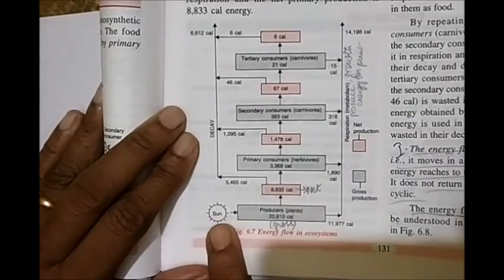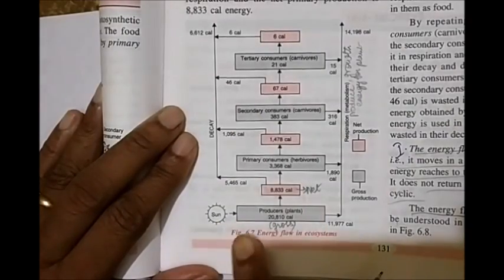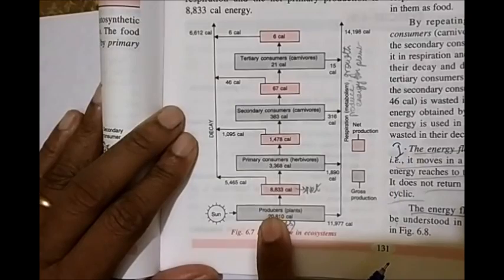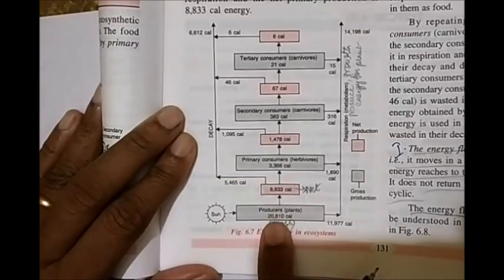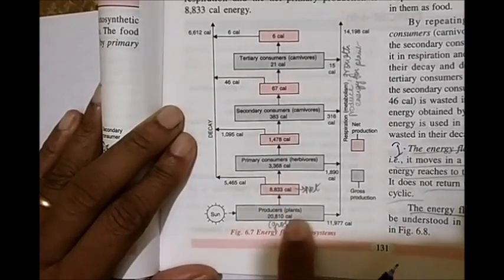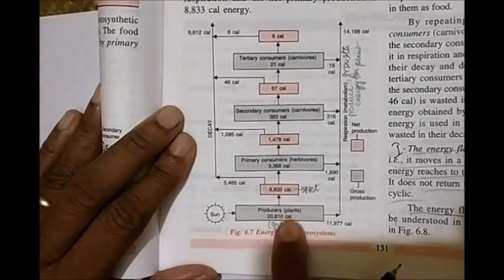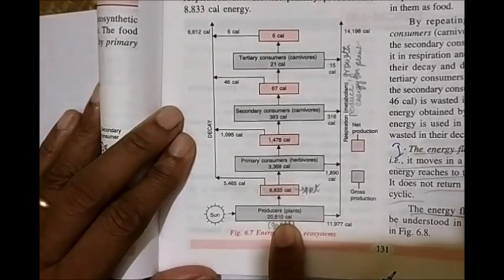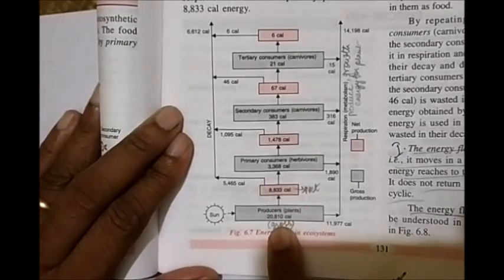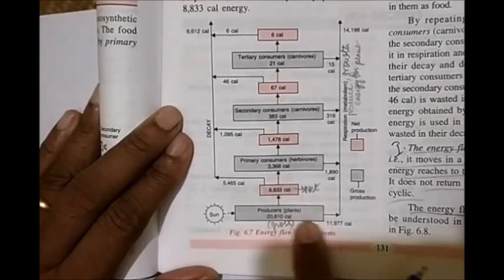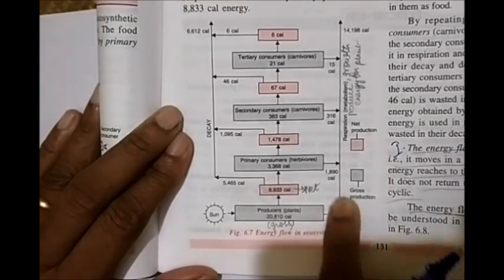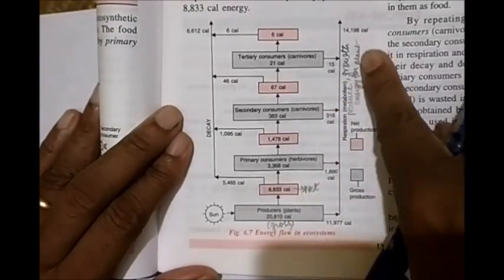So they have taken one example. Now plants used 20,000 calories of energy from the sun, and out of this 20,000 calories, nearly 12,000 calories was used in growth and respiration.